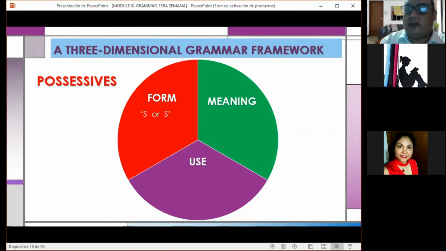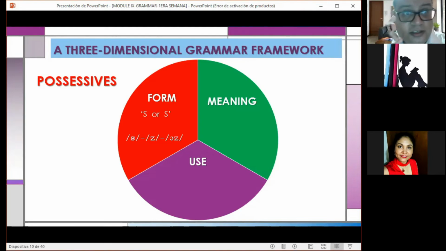Some context, no? Graphemic context, or sounds, or phonological context too. As you can see here, we have three ways that we are going to pronounce this apostrophe S or S apostrophe.